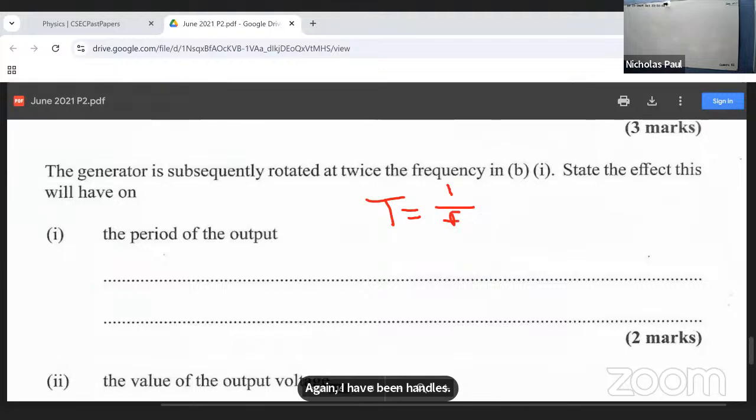The generator is subsequently rotated at twice the frequency. State the effect on the period. The formula is right there. So look at the formula and see what will happen if you double the frequency, what it does to the period.